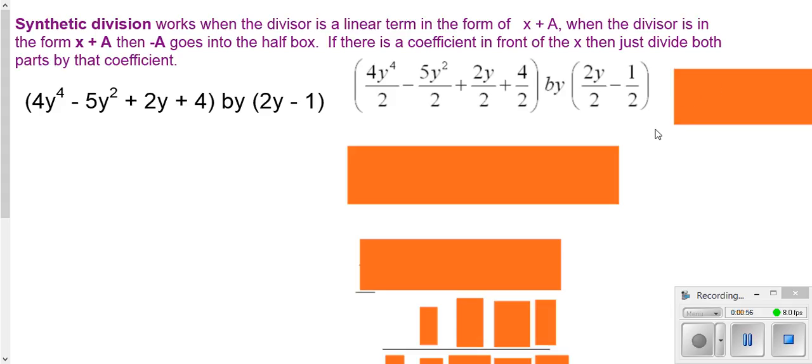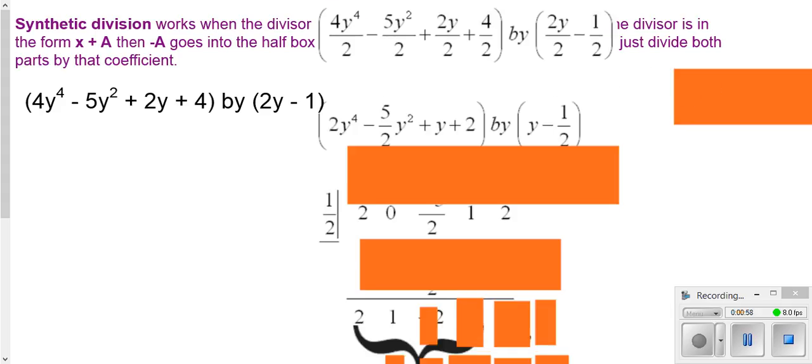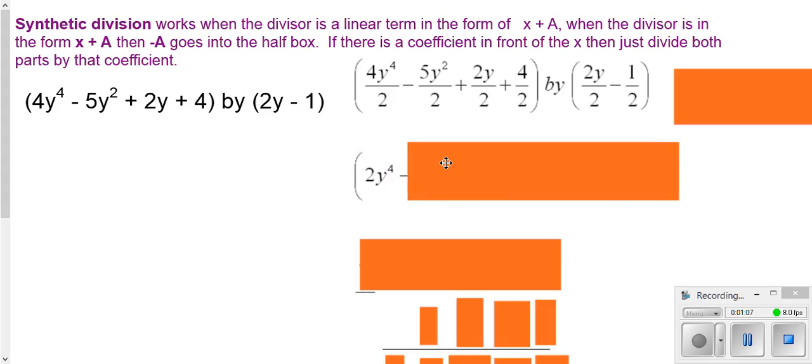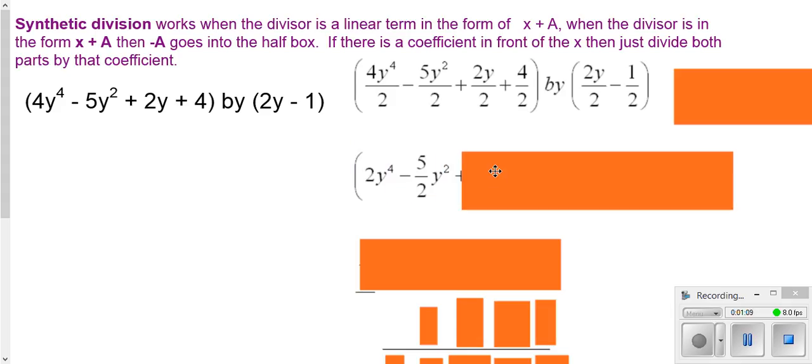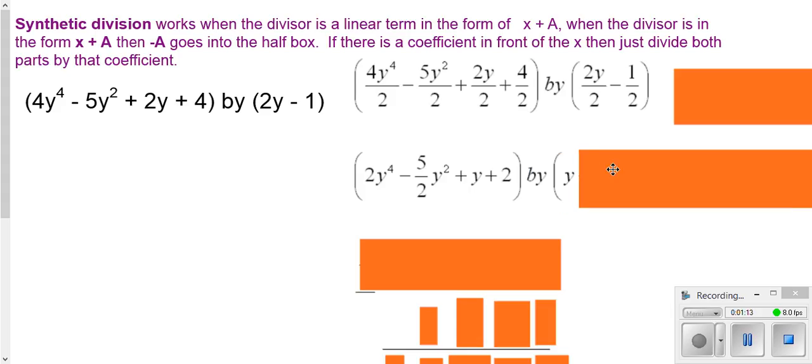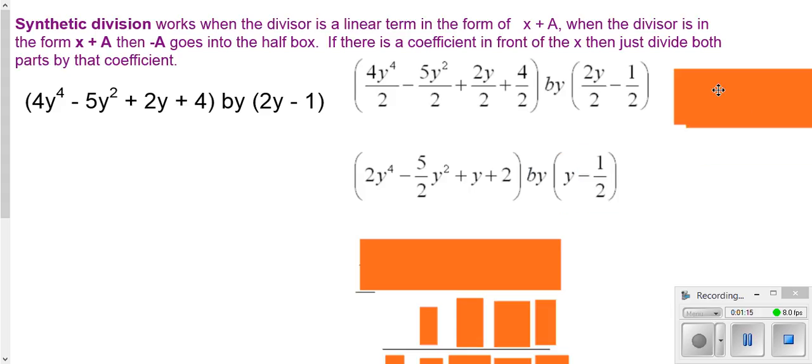Well, if I divide everything over here by 2, I then also have to divide this first part also by 2. So if I simplify this down, I would get this. Now, since it's my variable plus or minus a number, I can do synthetic.